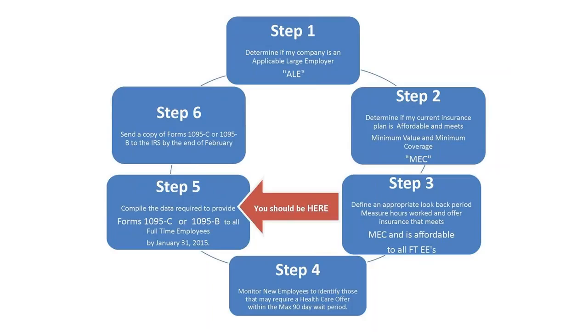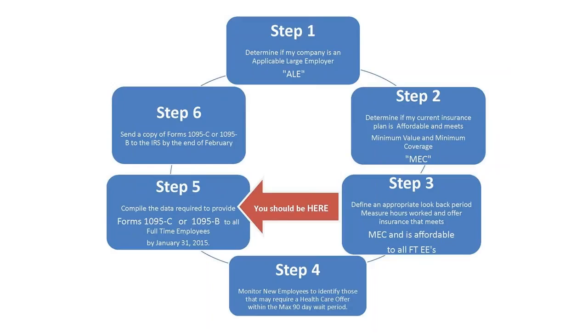Basically, what that's saying is that you have to at least offer coverage that meets the bronze plans that employees can get on the exchange. In that case, you want to talk to your insurance providers to make sure that your plans are covering the minimum value and minimum coverage.